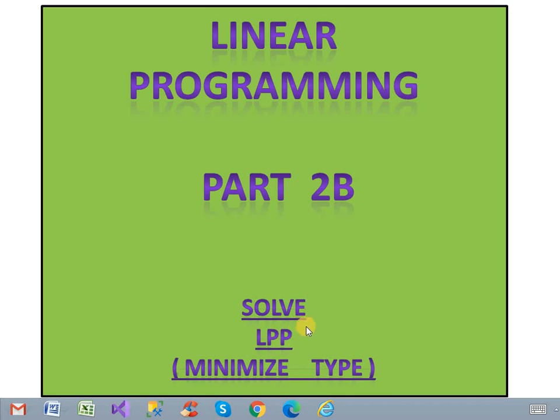In earlier video, we have solved the problem L.P.P with maximum type. समझ गए बच्चों? And we have also seen in the first introductory part as to how to formulate the problem of L.P.P, linear programming problem.